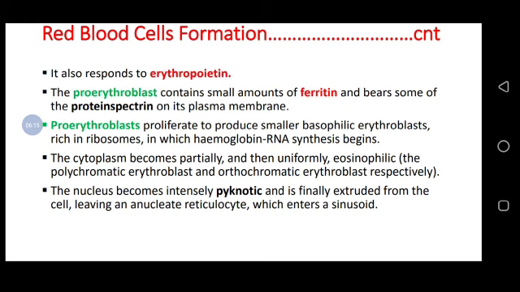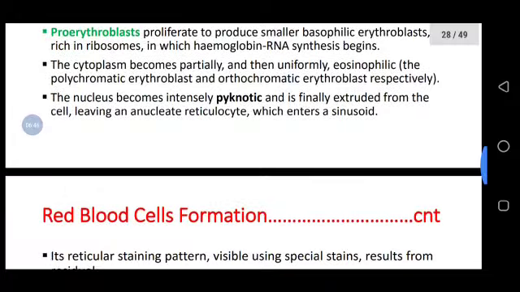So at the end of this formation of RBC, the nucleus is extruded. That's why we say the RBC cannot synthesize protein, it lacks a nucleus. So the nucleus at the end is extruded, leaving an anucleate reticulocyte. An anucleate reticulocyte is the cell which lacks a nucleus, which enters a sinusoid.